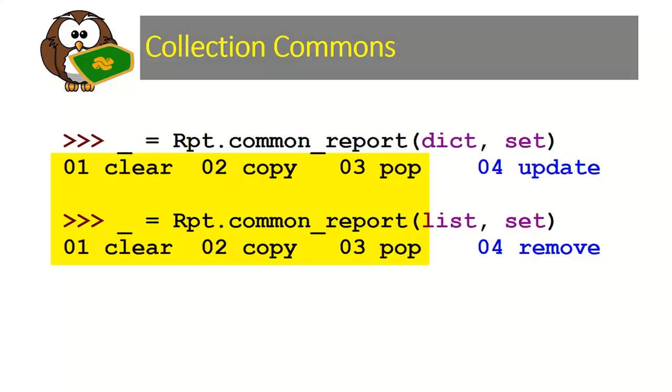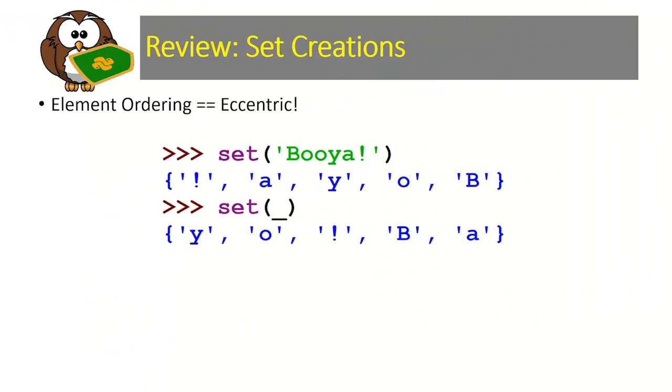Items 1 through 3, of course, are common throughout, but set bridges the operations between dictionary and lists by either having an update, which we have in dict, or remove that we have in list. Truly a unique as well as overlapping collection class.